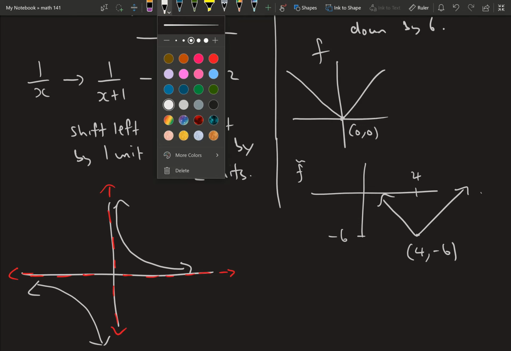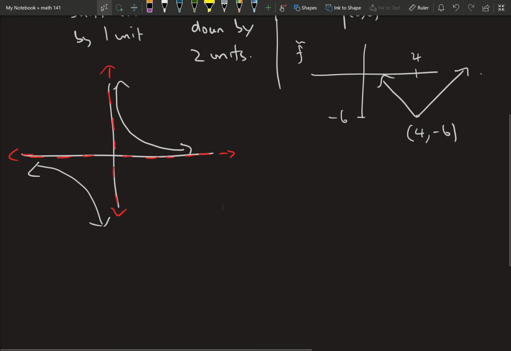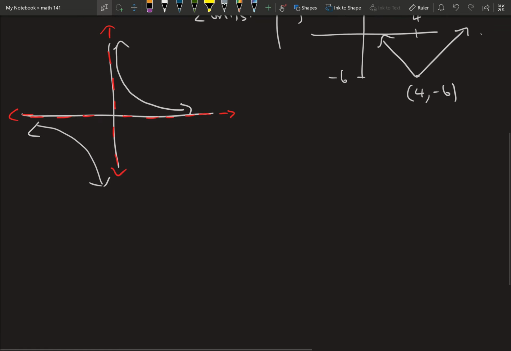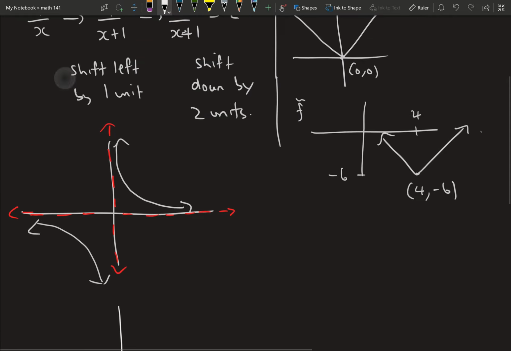Now we go back to the shifting process, and you can think of shifting the asymptotes. First we shift left and then shift down. Let me do this in one go again. Shifting left moves the vertical asymptote left to -1 here, because we're going to shift left by 1 unit.